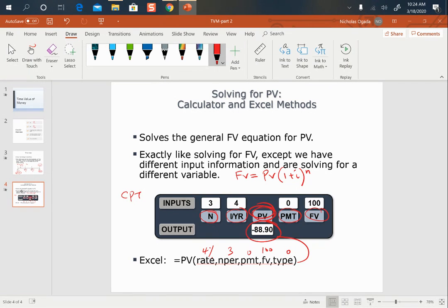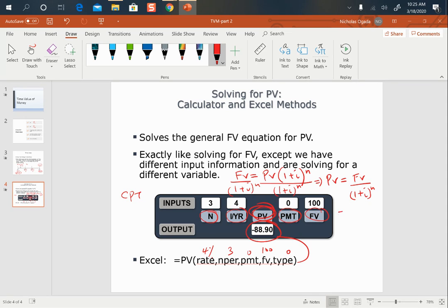So what we do is divide both sides by (1 plus I) raised to n, and this is the same thing as saying that the present value is equal to the future value divided by (1 plus I) raised to n, if you want to use the formula to determine the present value.